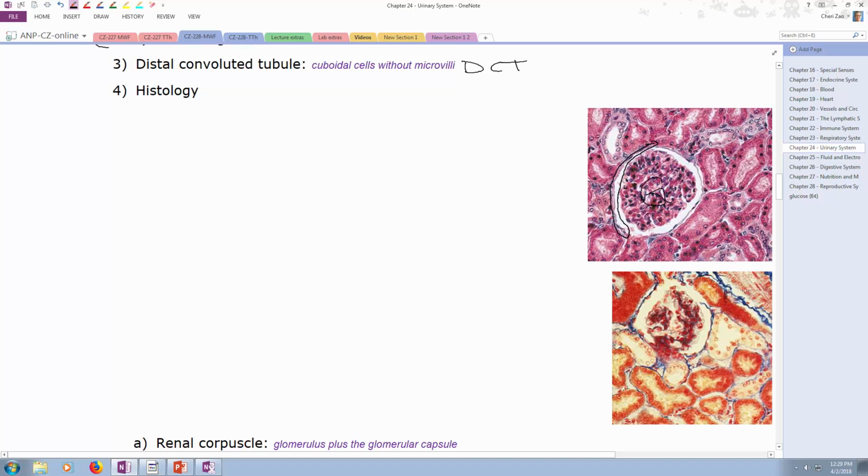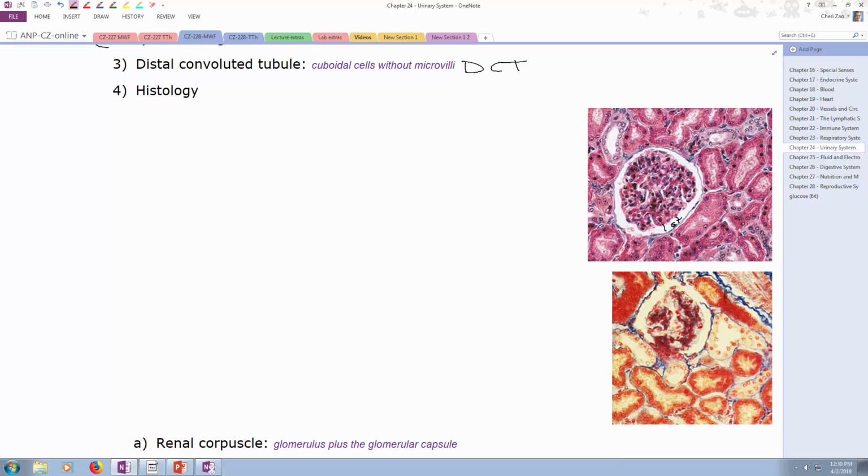This here is our glomerulus, and so it's a squiggly wiggly, squished up, mushed up capillary bed that has some very important cells covering them up, creating that parietal, visceral layer. But this is where our first filtrate comes. First filtrate is in that space.